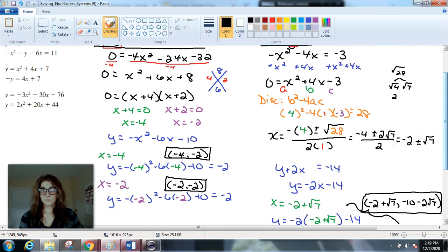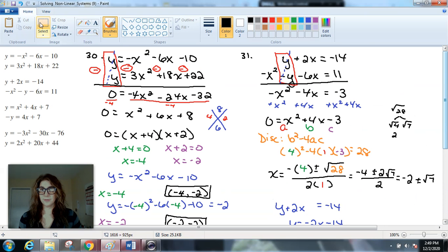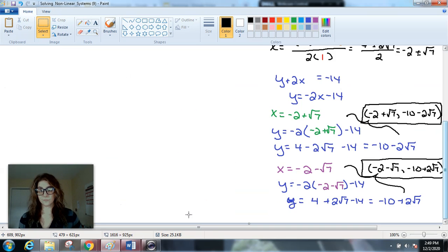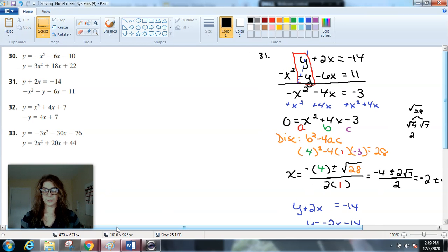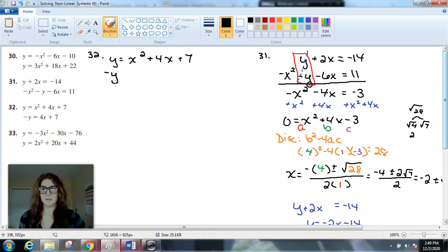Okay. Let me clear out number 30 here. Okay. And let's do 32 now. Okay, so 32, again, I take notice when I rewrite these out, I do want to line them up.